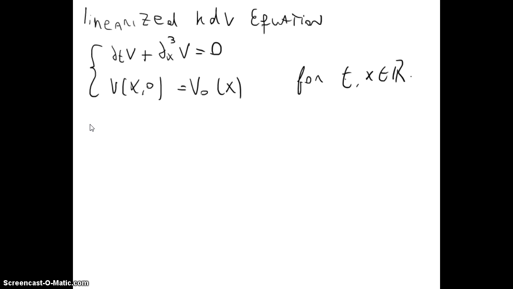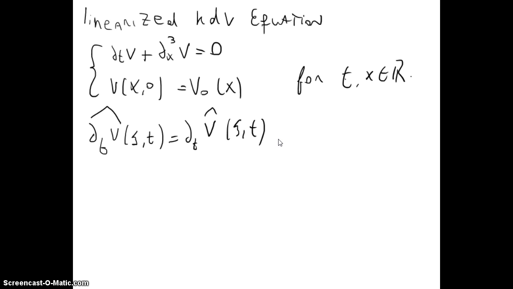In this case, we will have that the transform of ∂_t b at ψ, t will be equal to ∂_t of the transform of b at ψ, t. This will be equal to transforming minus ∂_x³ b, transform at ψ, t.